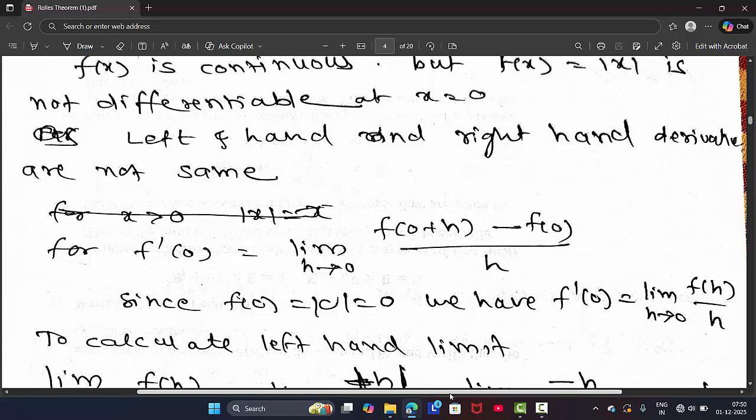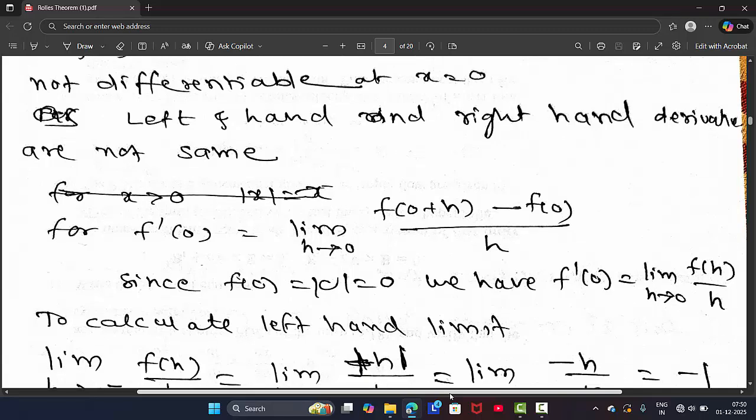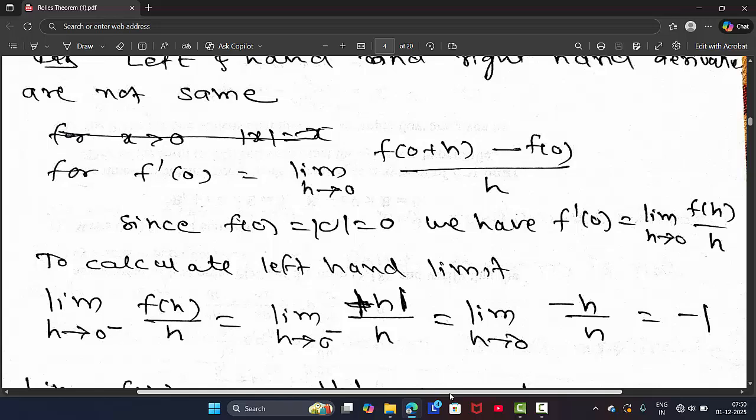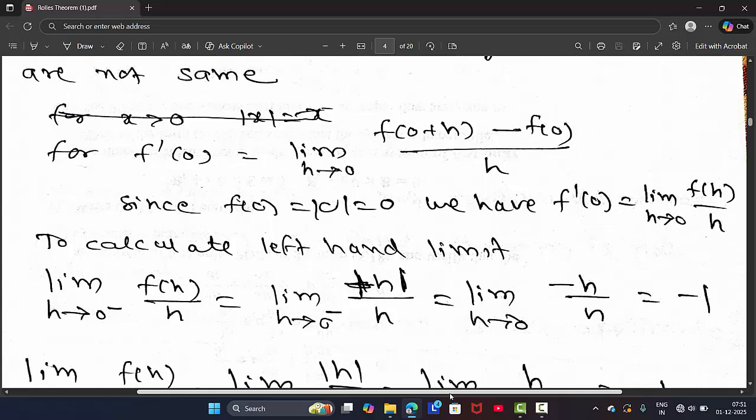We shall try to calculate its limit. For that, we calculate the left hand limit. Limit h tends to 0 minus of f of h by h equals limit h tends to 0 of mod of h divided by h, which is limit h tends to 0 of minus h divided by h, which is limit h tends to 0 of minus 1, and that is nothing but minus 1.